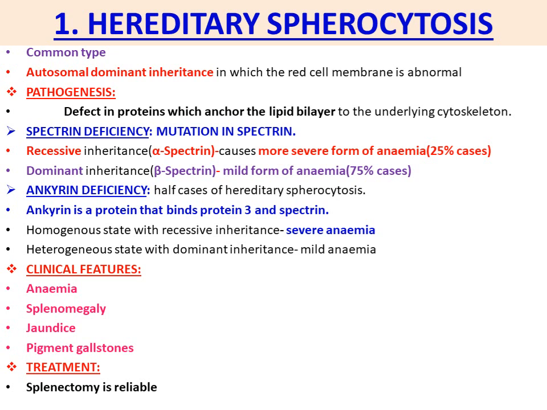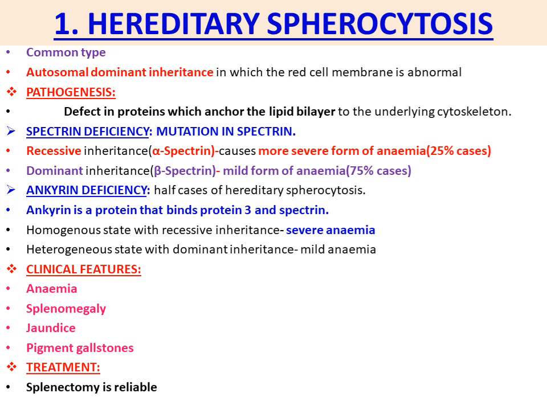The first is spectrin deficiency, the second is ankyrin protein deficiency. Ankyrin deficiency is observed in some cases of hereditary spherocytosis. Ankyrin is a protein that binds protein 3 and spectrin.